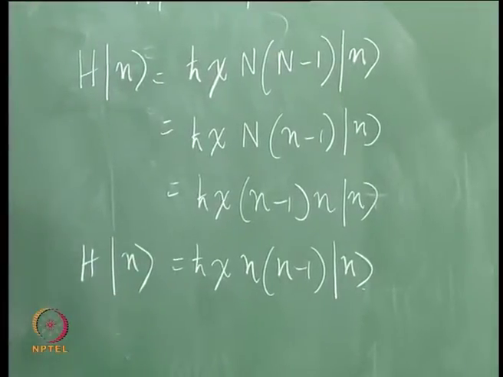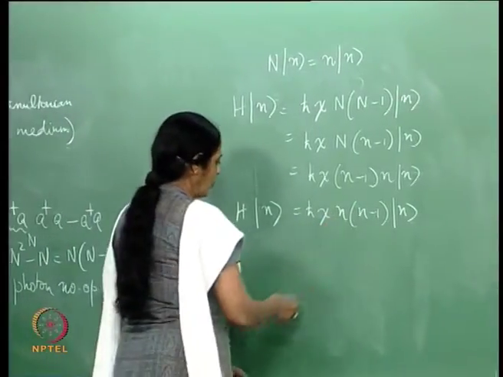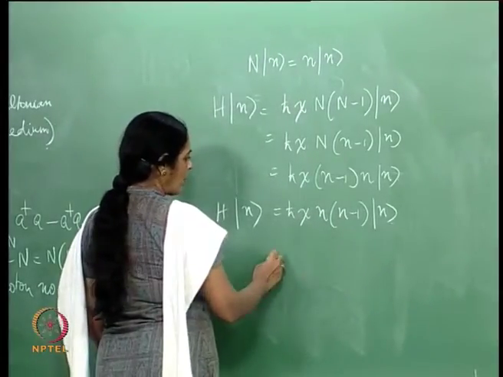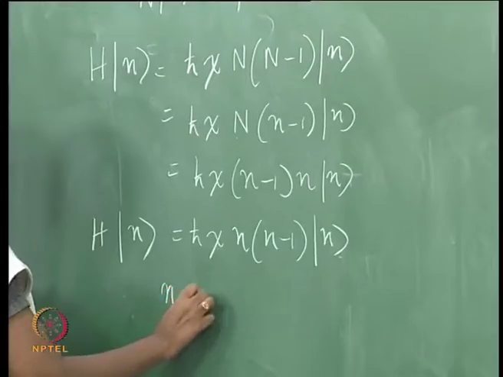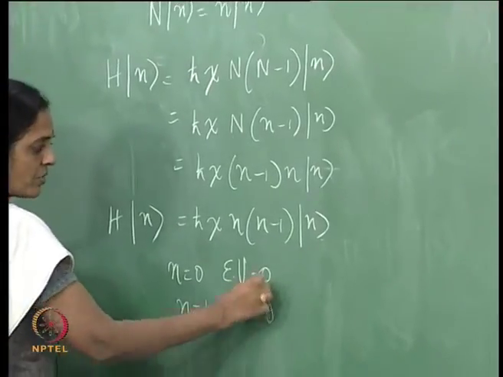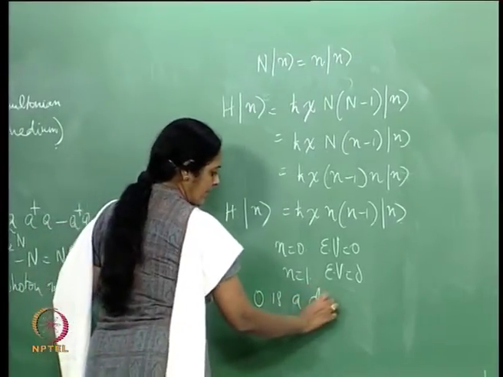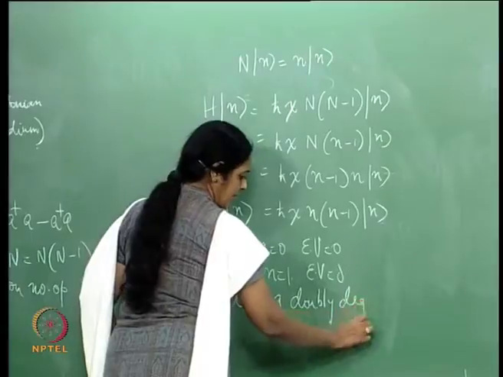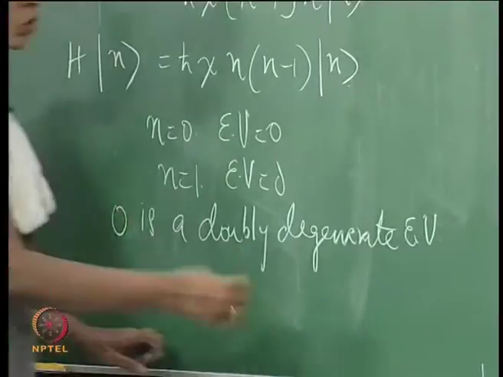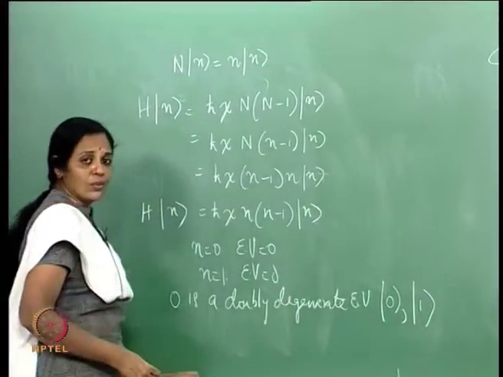So, all the photon number states are eigenstates of this Hamiltonian and this is the eigenvalue n times n minus 1 essentially. So, let us look at what happens when n is 0, the eigenvalue is 0. Similarly, when n is 1, the eigenvalue is 0. Therefore, 0 is a doubly degenerate eigenvalue. And there are two states corresponding to this degeneracy, that is ket 0 and ket 1.